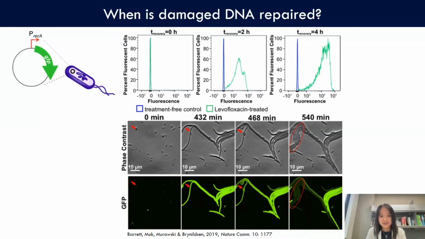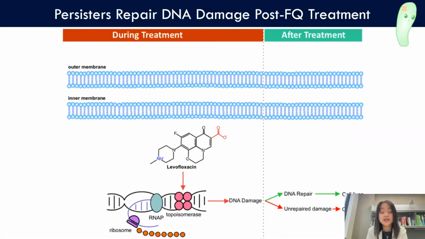So that is an example of a persister. Collectively, these data suggest that in persisters originating from slow or non-growing E. coli cultures that have been treated with fluoroquinolones, these cells still suffer from DNA damage, and they depend on DNA damage repair in the post-antibiotic treatment recovery period to survive treatment.